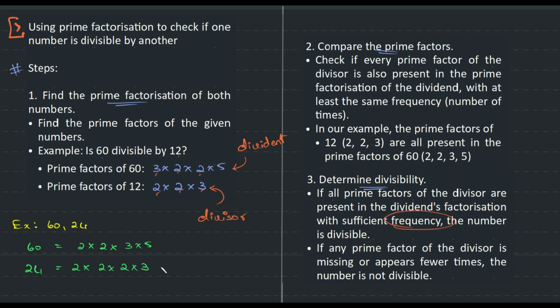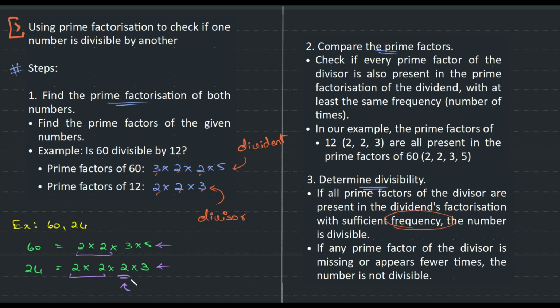Now, this is the divisor and this is the dividend. Here we have 1, 2 and a third 2, but here we have only two 2's. So the number of times 2 has appeared in 24 is more than the number of times it has appeared in 60. And so 60 cannot be divided by 24 with a remainder of 0.